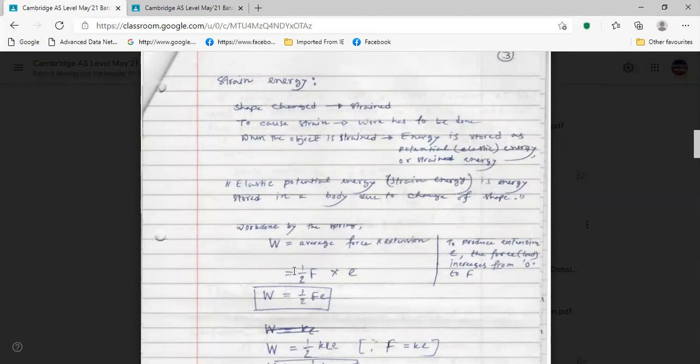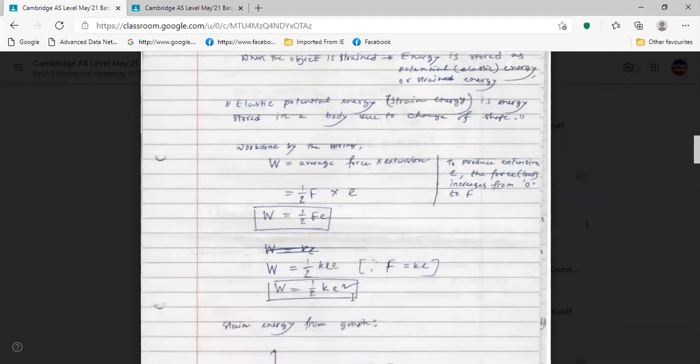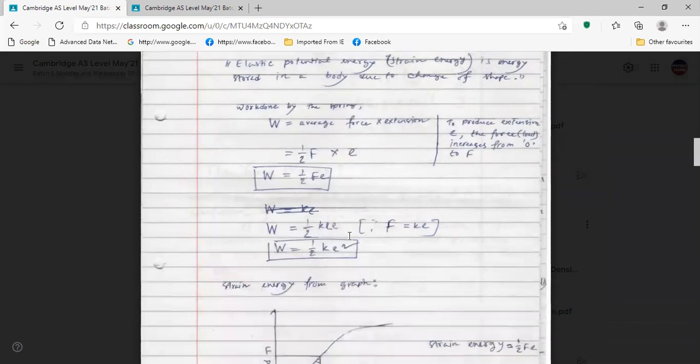Average force is half F, multiplied by E. So work done equals half FE. Have you written? Then you can write work done equals half KE squared, because you know F is KE.